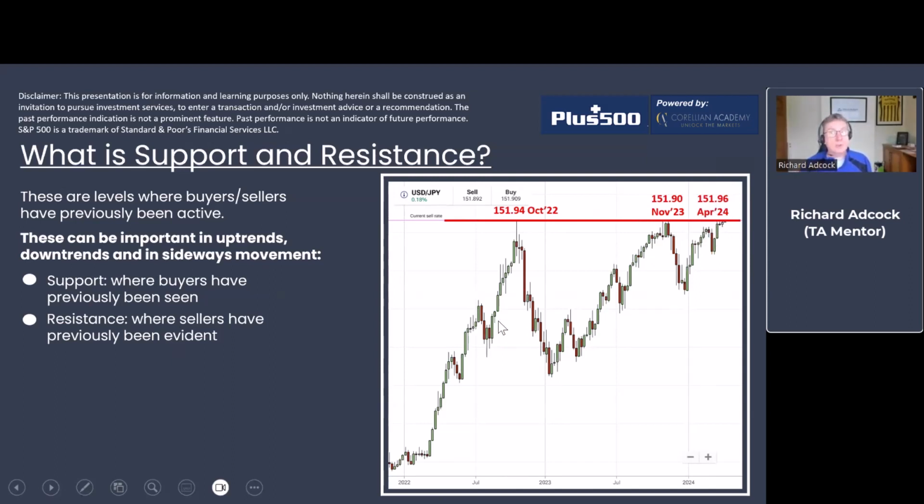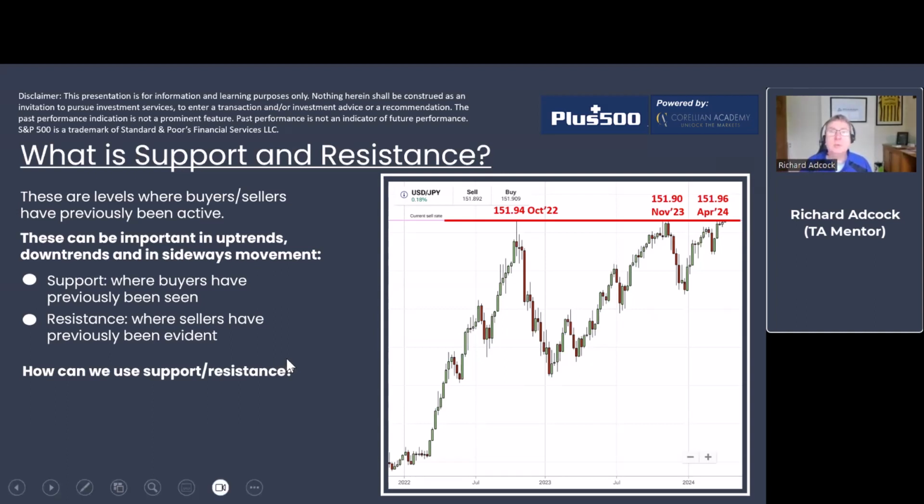So while this point remains intact, the potential is for further selling pressure to materialize. But obviously, as we've seen so far in reaction to the latest CPI data, the dollar has been able to break through this point. So we've seen a break of resistance, and that itself can offer us a trading analysis and a strategy that we can use to adjust our trading positions.